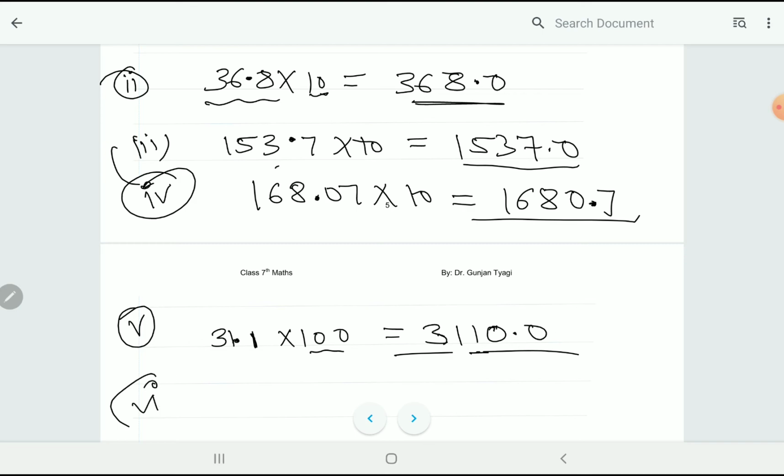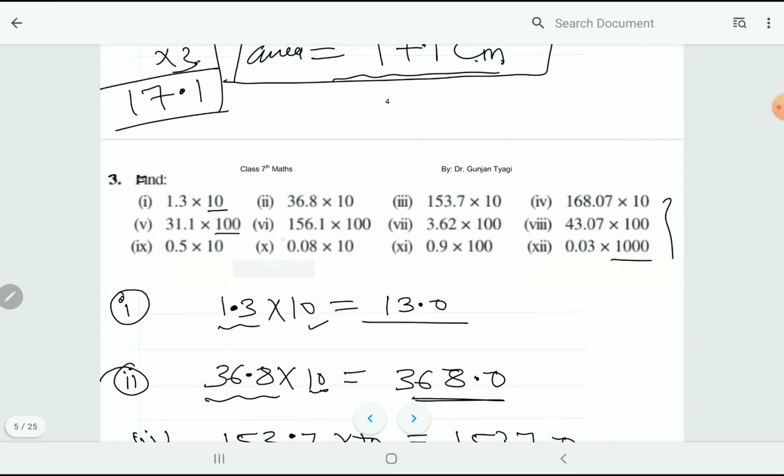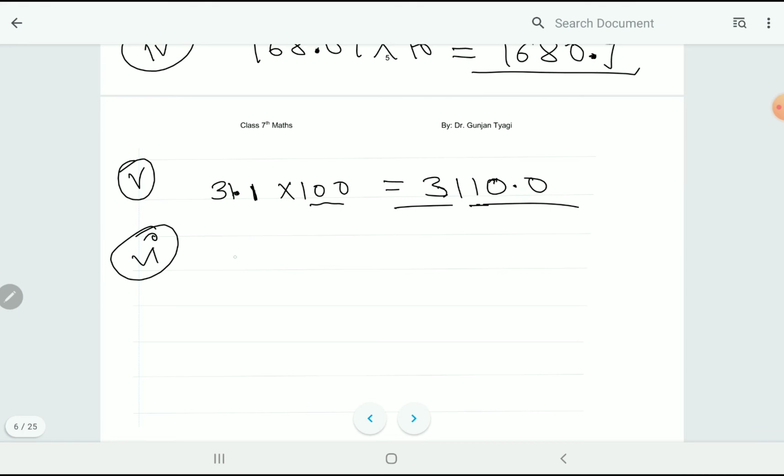Let's do the sixth part. Sixth part is 156.1 multiply 100. जब आप 100 से मल्टीप्लाई करेंगे, there are again 2 zeros in 100, so decimal will shift 2 places to the right.